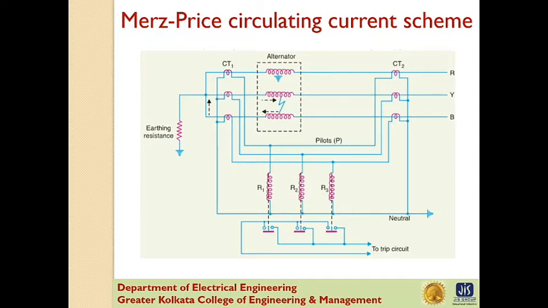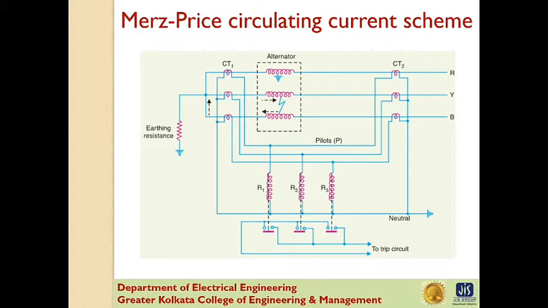The currents in the secondaries of the two CTs of phase R are not equal. Current in these CTs is not equal to current in these CTs. And the difference of the two currents will flow through the corresponding relay coil. Here the corresponding relay coil is R1 because R1 is connected with CT1 and CT2 of phase R. So differential current is flowing through this relay coil R1, returning via the neutral pilot.